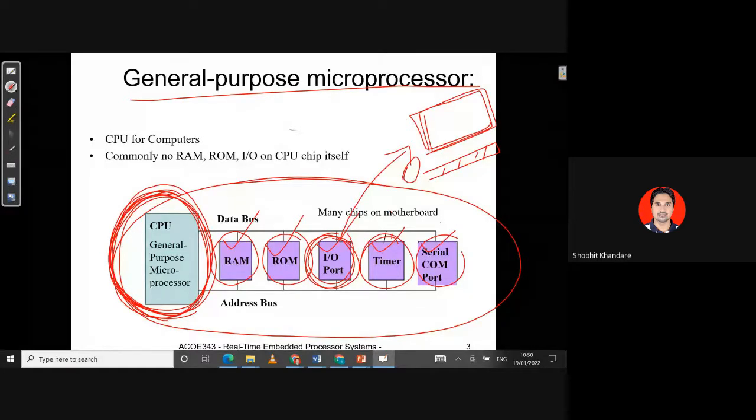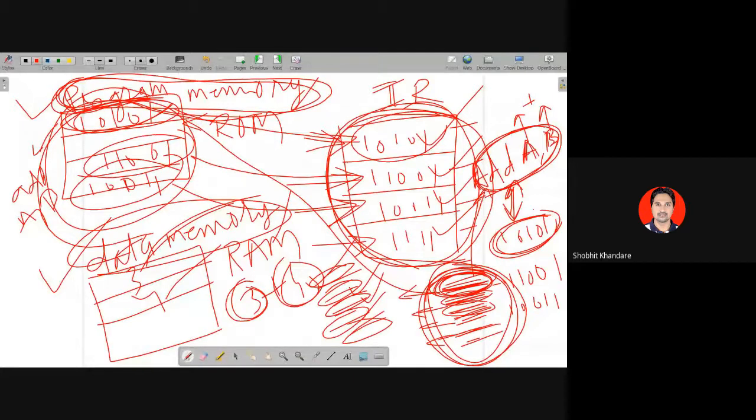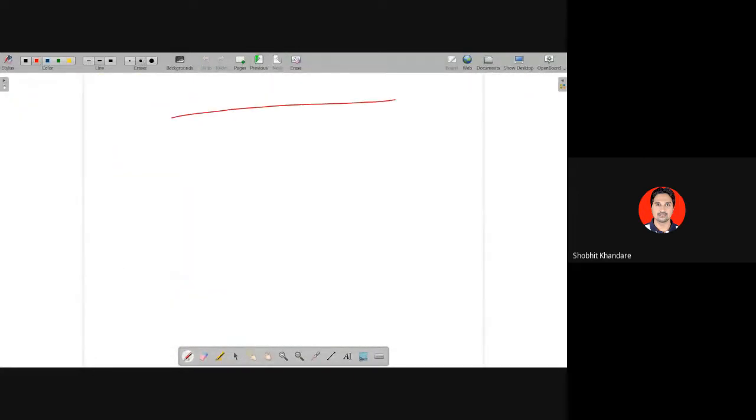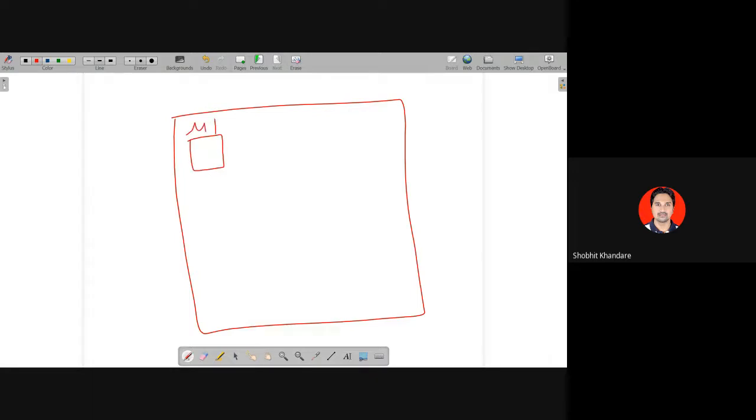Okay. So you have to imagine, as I told you yesterday, you have to imagine this as a motherboard. In this motherboard you have a microprocessor, in short written as MUP. The microprocessor is nothing but your CPU, and inside the CPU you have an ALU.